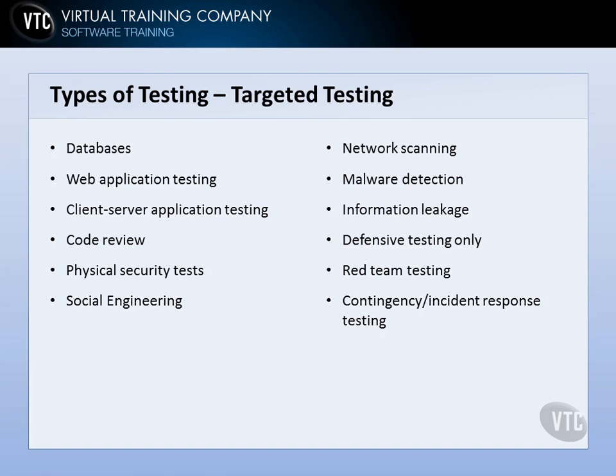But there also could be things like defensive testing only, where the penetration team hits everything and it's a test to see how well the defenders defend the network. Or it could be an incident response type of test where you determine how well the organization responds to incidents. In any case, these are the different types of targeted tests you could run on an organization.